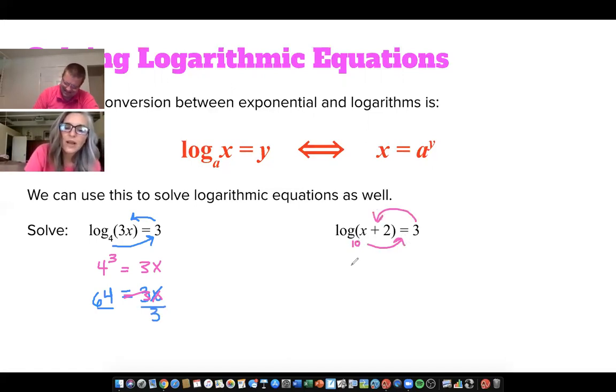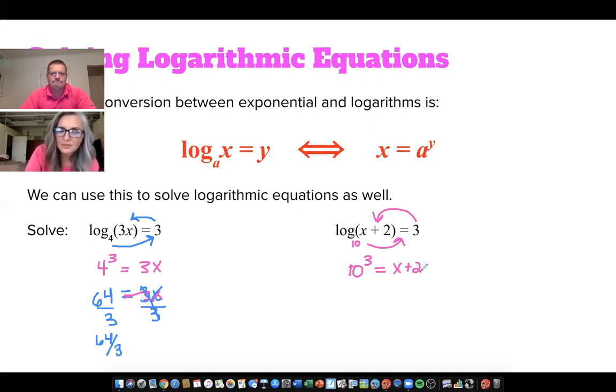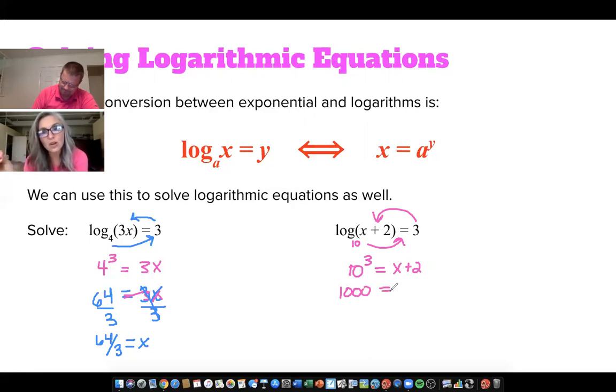When you have a log equal to a number, you can always do this rewrite method, and it takes like 2 seconds. Just keep track in your notes, because we're showing you lots of methods.